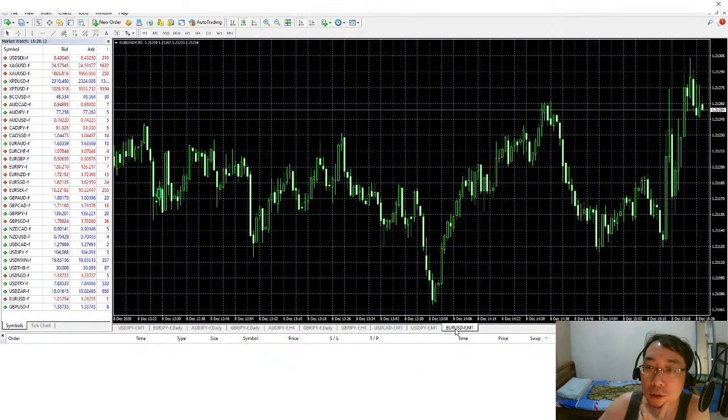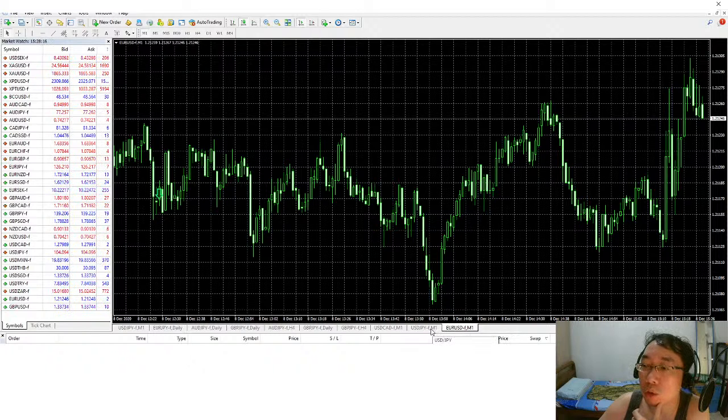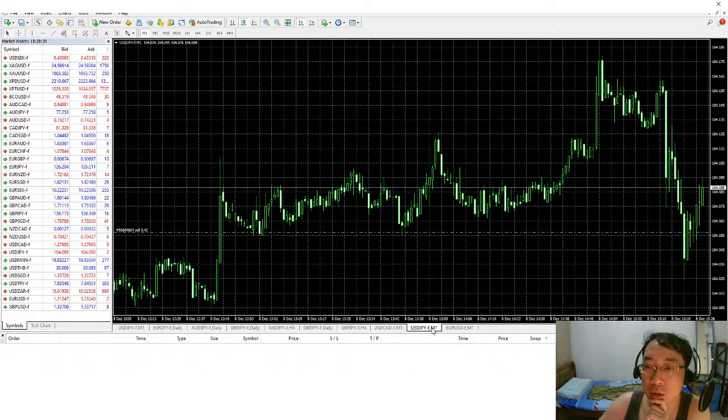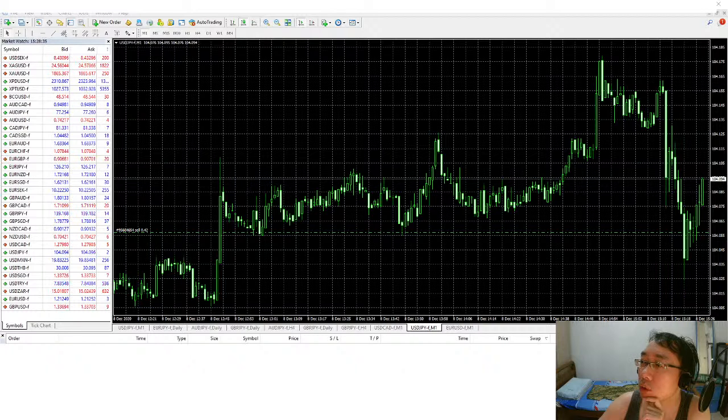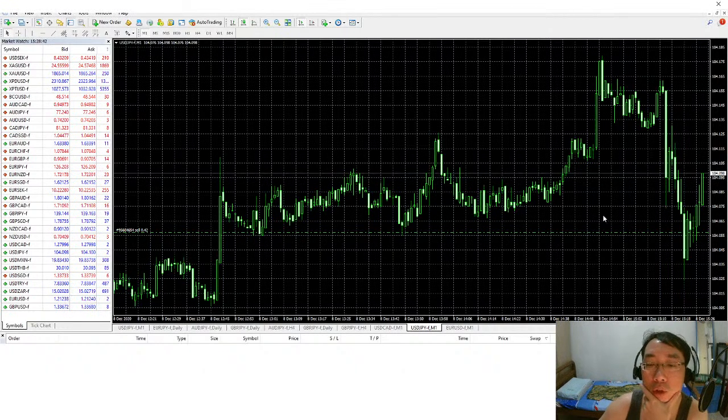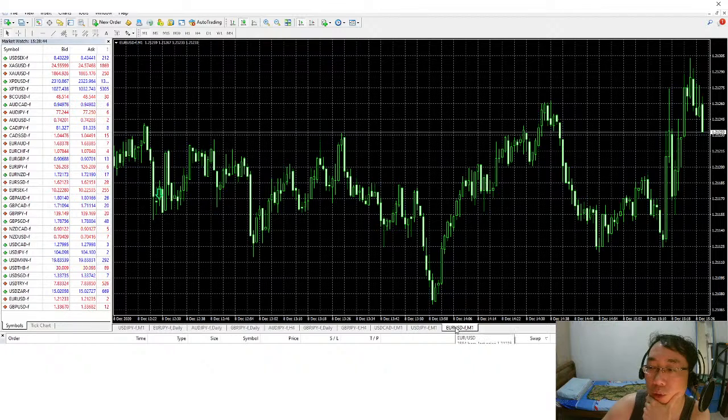But currently the volatility there should be a lot of liquidity due to the opening of the US market. So the US market is live now. So with the opening of the US market, it should be a lot more liquid.